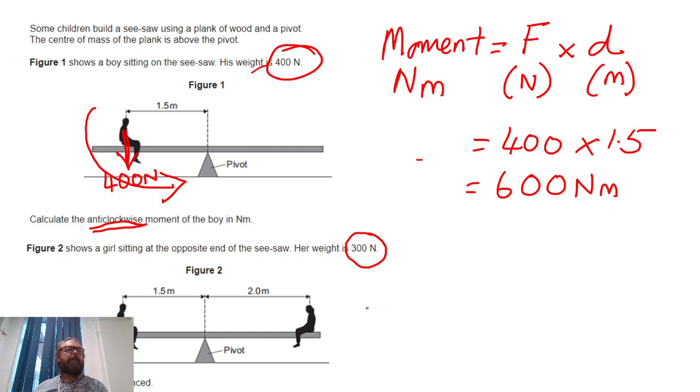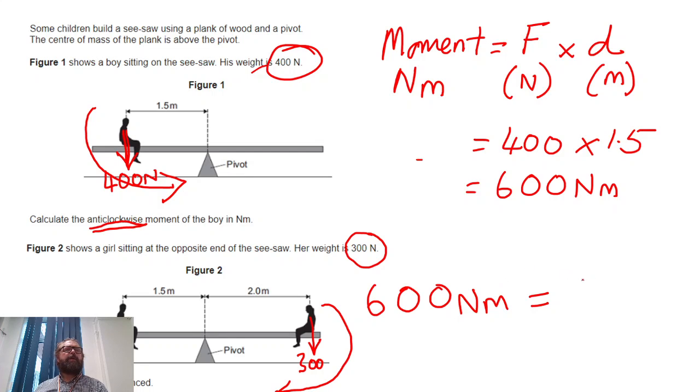The seesaw is balanced because the boy's anti-clockwise moment, which we know is 600 newton meters because we've just calculated it, is equal to the girl's moment caused by her weight, which is trying to make the seesaw move clockwise, and her moment is 300 times 2, which also equals 600 newton meters.